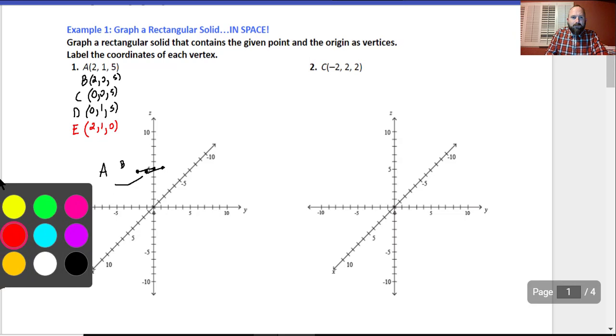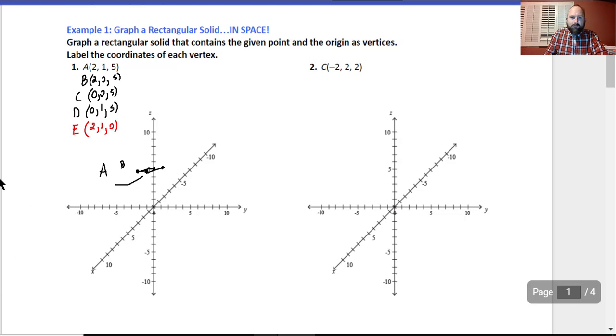So if I connect these, at the moment we just created this right here. Now we're going to come down and do E, which will be right about here. So if I go down, E will be at 2 for the x, 1, 2, and then 1. And so it doesn't look like it, but it's going to be right there. And so we're going straight down right there.